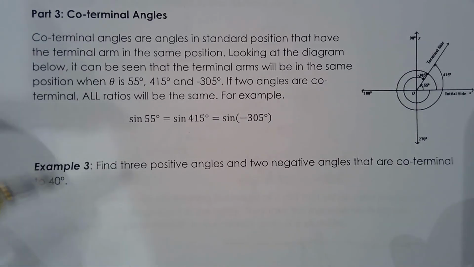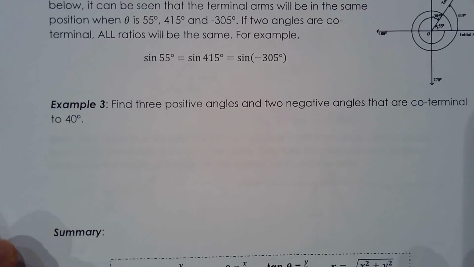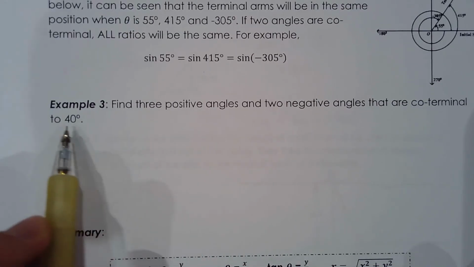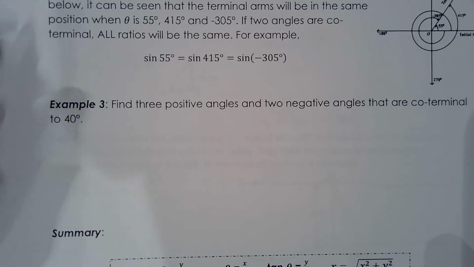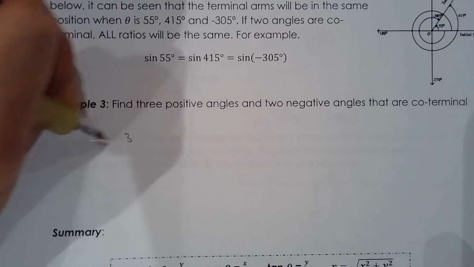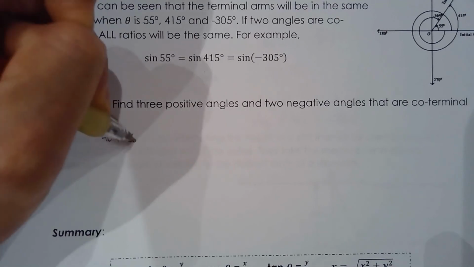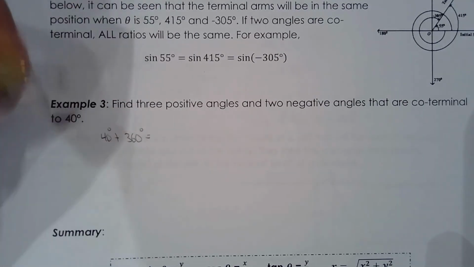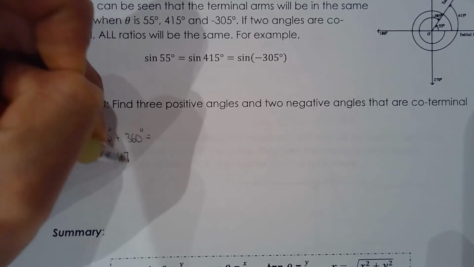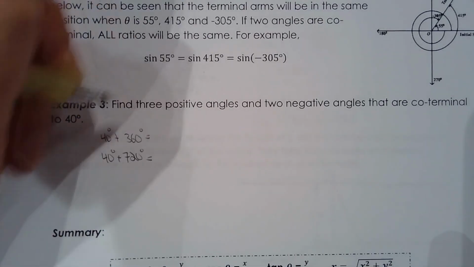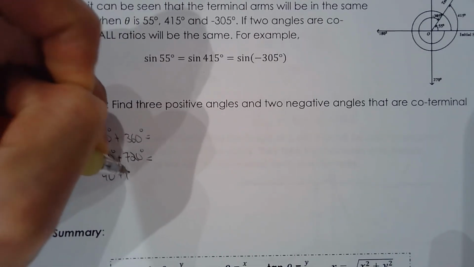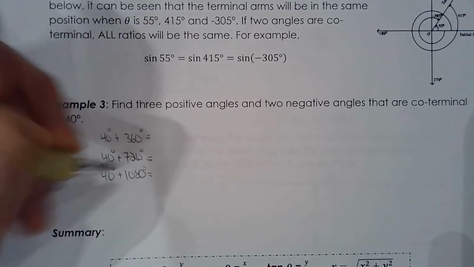So find 3 angles that are coterminal to 40 degrees. What you can do is take 40 degrees plus 360, 40 degrees plus 720. Oh my goodness, they want 3 positives? Sure. And then plus 1080. So that will give me my 3 angles which are positive and coterminal to 40.